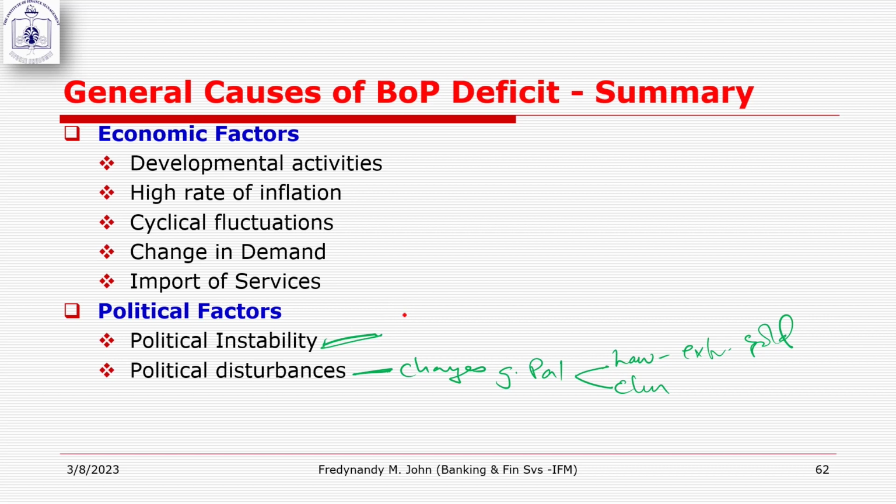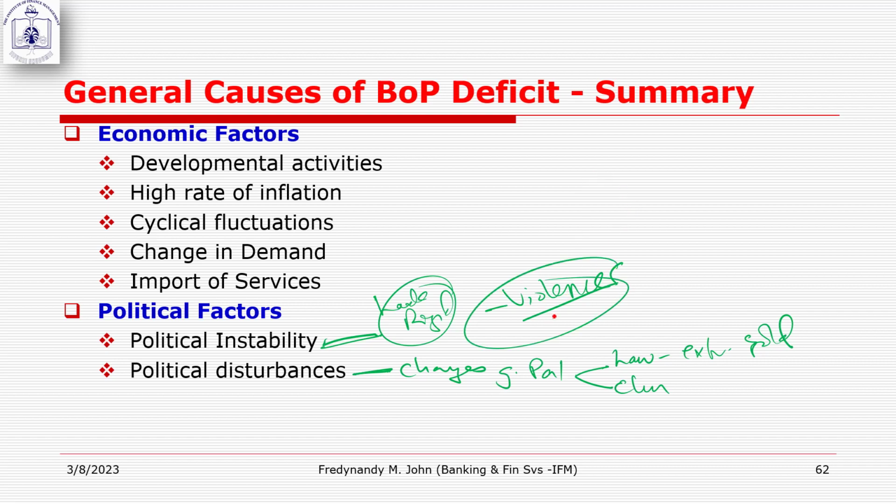Political instability, poor democracy, civil unrest, unfair election like rigging of election, etc. All these can lead to some violence. So no investor will want to invest in a country that is prone to violence, because political violence can lead to civil war.